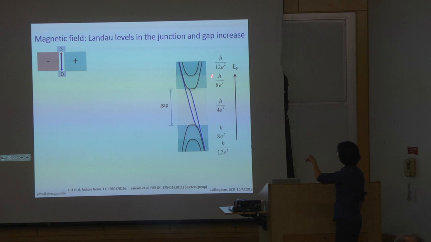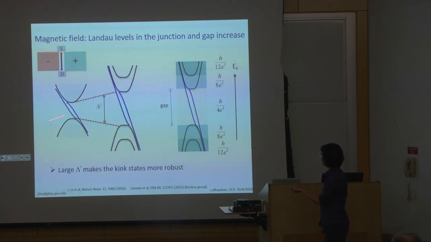But if I go into the conduction band, each time I cross a set of Landau levels, which has a degeneracy of 4, I gain another 4e squared over h in conductance. And then another Landau level, it becomes 12e squared over h. The same happens with the valence band. So this is the band structure inside a magnetic field.